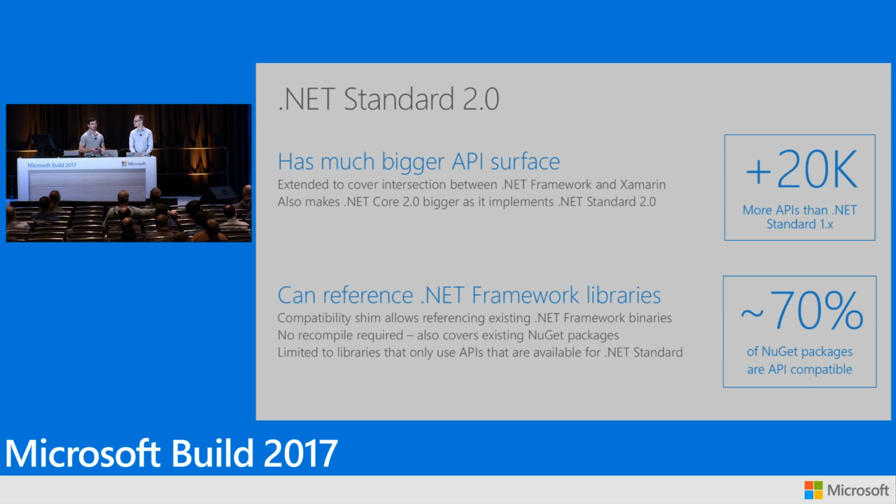So we're going to have about 20,000 more APIs than .NET Standard 1.x, and we've actually done an analysis on all of the NuGet packages out there and determined that about 70% of all of them are API compatible with .NET Standard 2.0. Now, there might still be some weird PowerShell stuff going on or some hard-coded file paths that won't work with UWP, but just from an API standpoint, almost all of the libraries out there are now available to you as UWP developers targeting the Fall Creators Update of Windows.